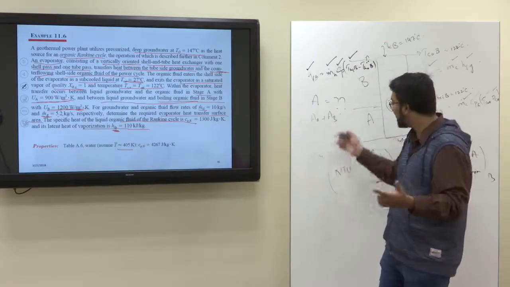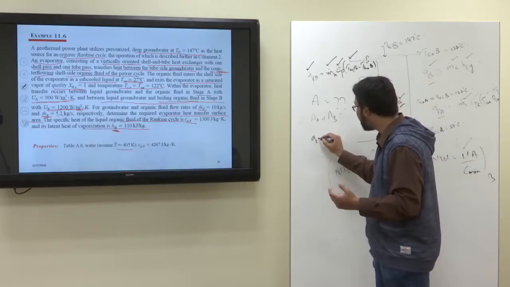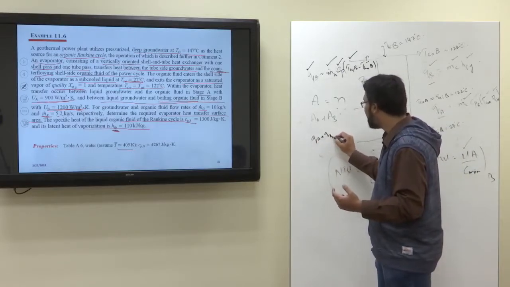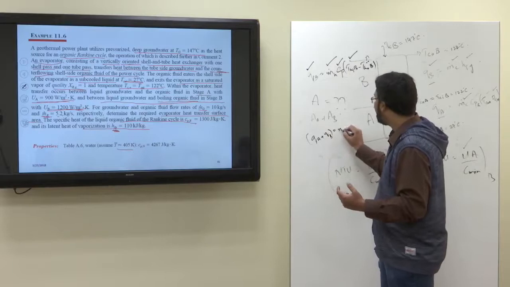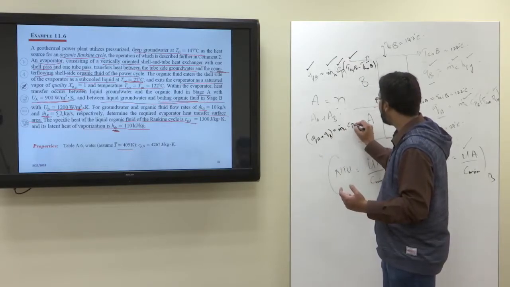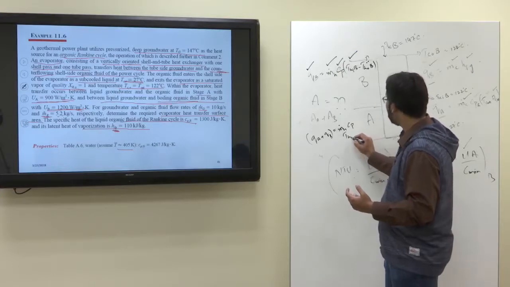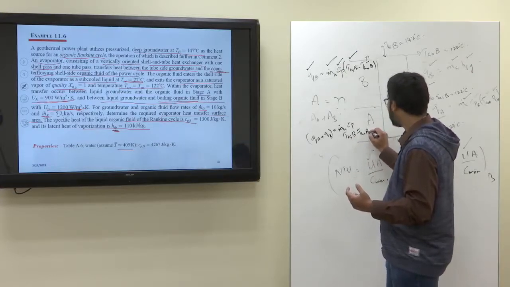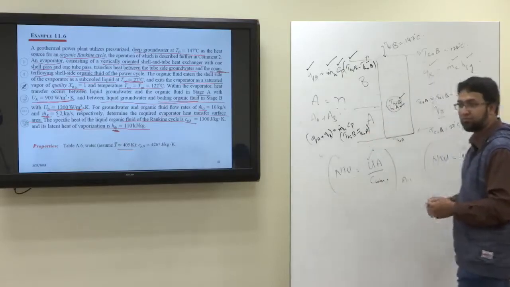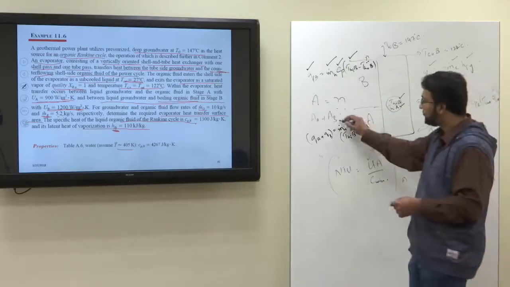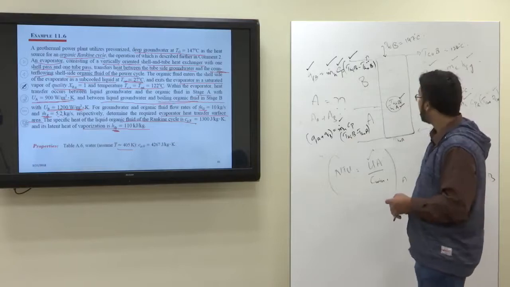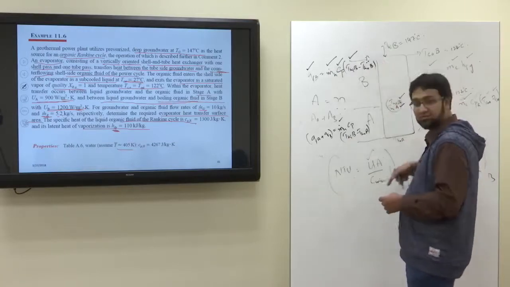The main logic is that they said total heat QA plus QB is equal to m dot h Cp delta T, T hot inlet B minus T hot outlet A. So we have m dot, we have Cp. Why m dot for h? Because we are finding for the hot side.